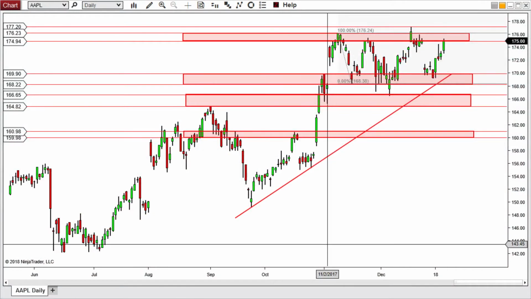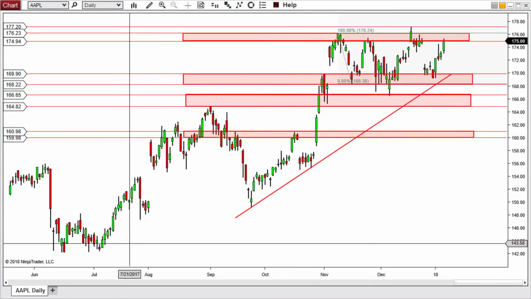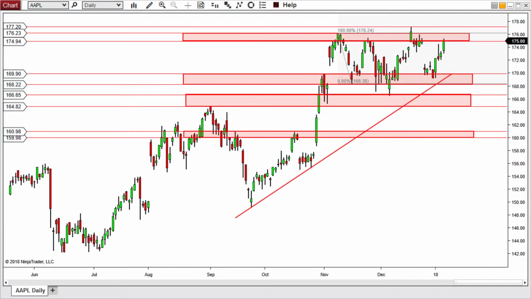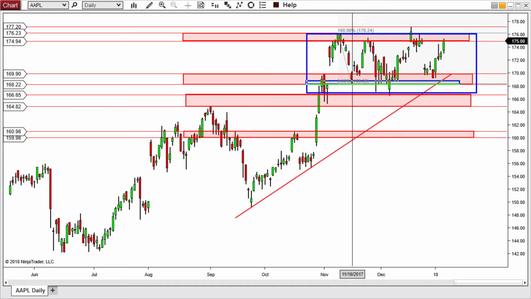Here I have Apple's daily price chart, and as you can see, Apple has been consolidating within this range. If you take a closer look, it's more of this area here, somewhere around the 168-169 to 175-176 zone.